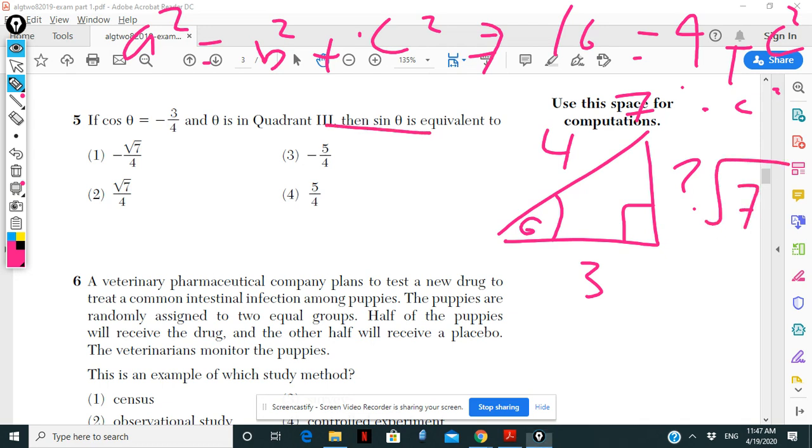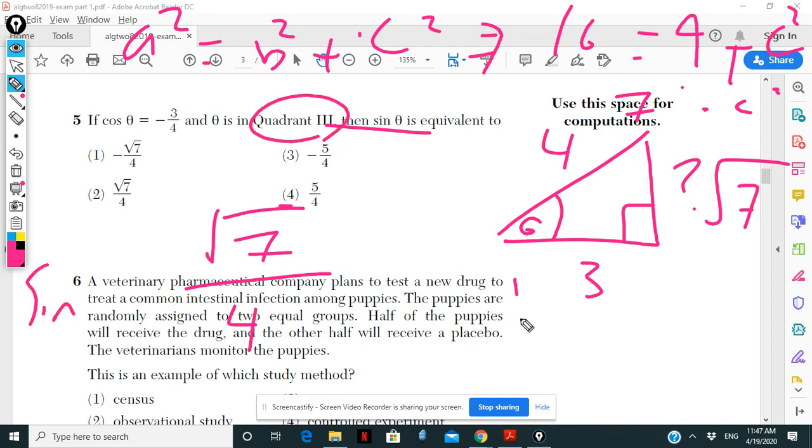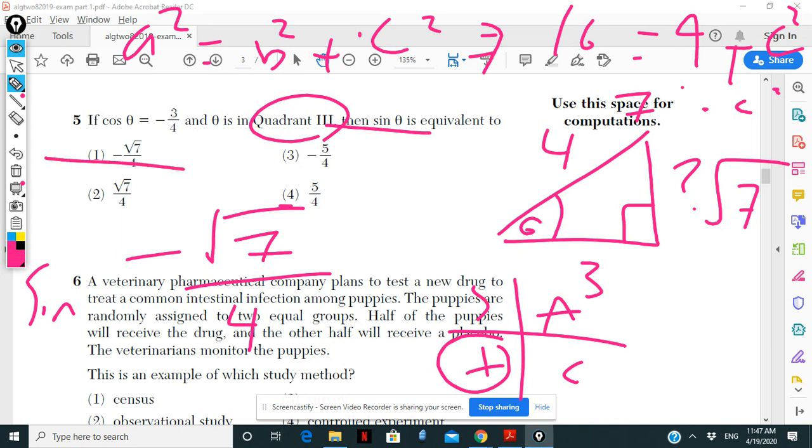Now he is asking about the sine. Sine is opposite over hypotenuse, radical 7 over 4. But he said in the third quadrant. So according to All Students Take Calculus, in the third quadrant only tangent is positive, so it should be negative radical 7 over 4. So the answer is 1.